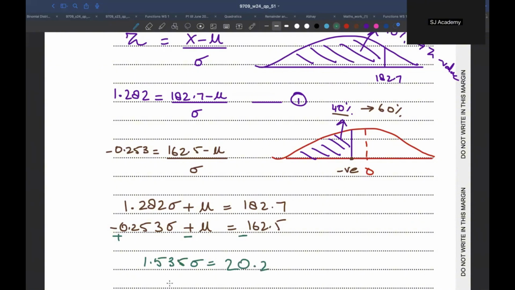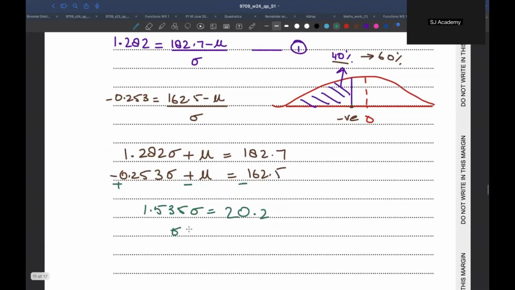And then the standard deviation will become 20.2 divided by 1.535, and that is 13.15. To three significant figures, you will write it as 13.2. You will substitute this standard deviation value into either of these equations, and the mu value will come out as 165.8.